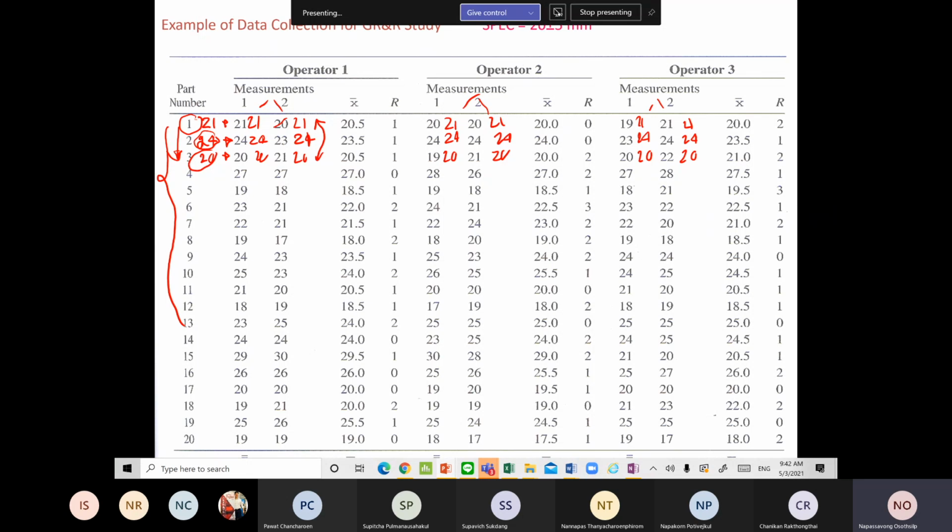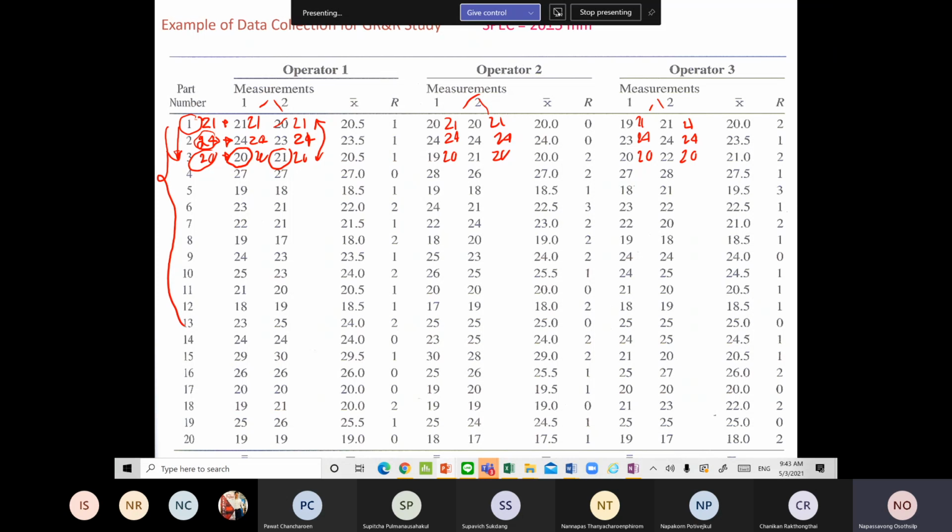But the thing that we do not want is this: suppose part number 3 is about 20. If the first time we measure and obtain 20, that's good, right? But if the second time we get 21, that means the second time is not good, because it's different from the number that it should be, right?